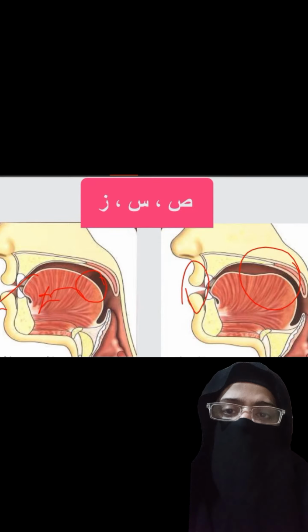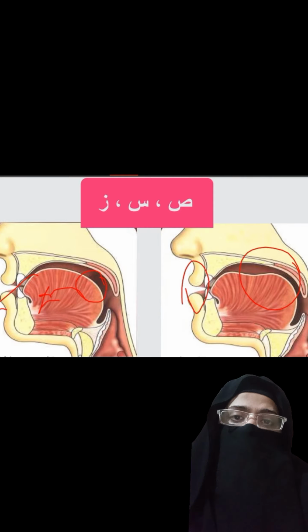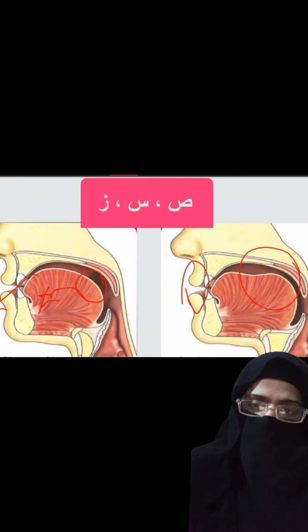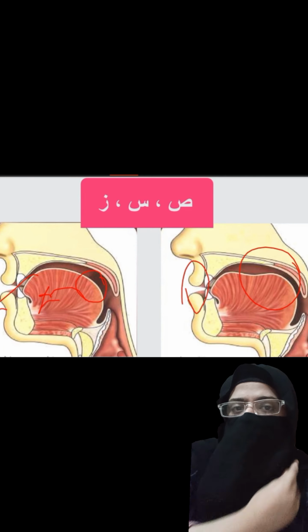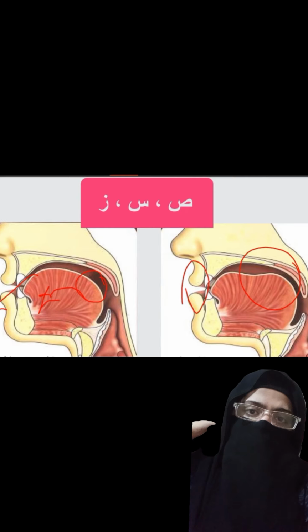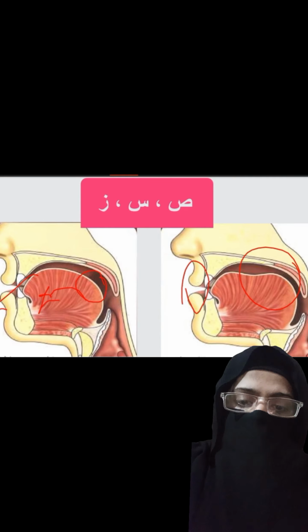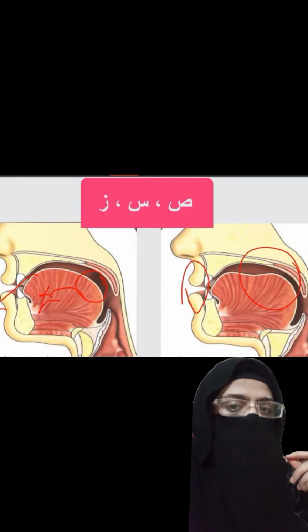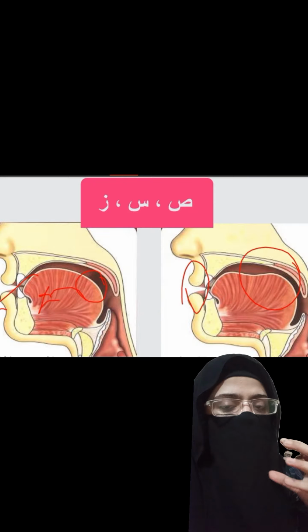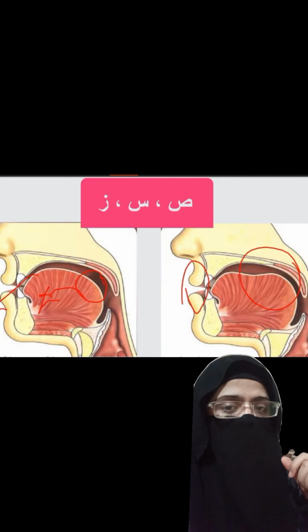The second is that it shares the same articulation points as Seen and Za. Because of the whistle sound, the back of the tongue, you have to see, is raised towards the roof of the mouth, and produces the full sound, my dear.